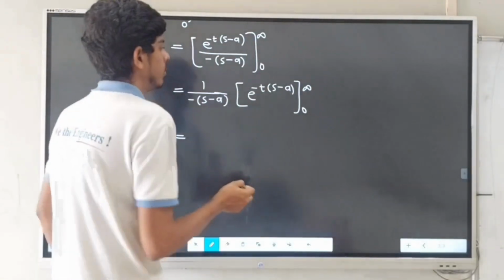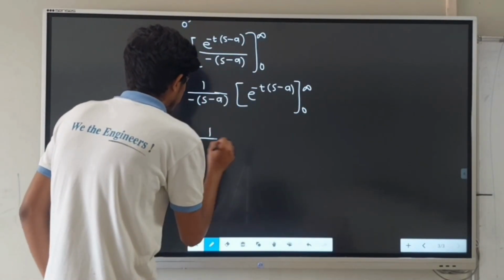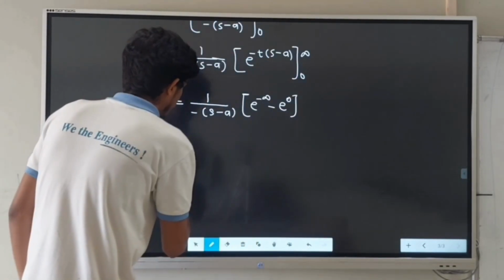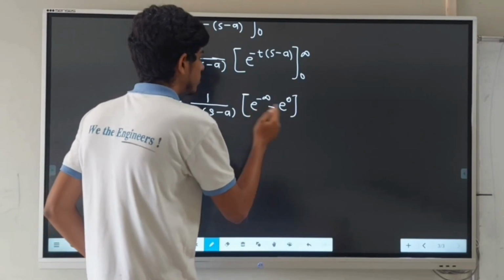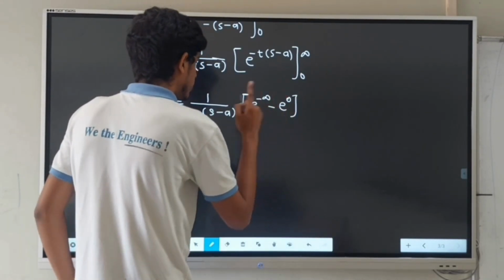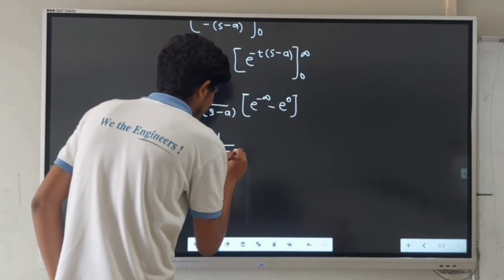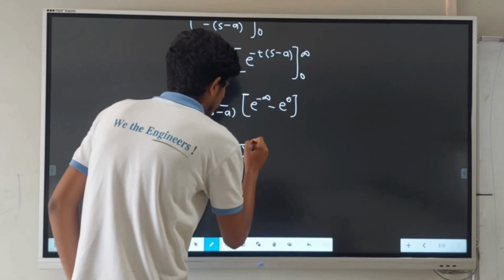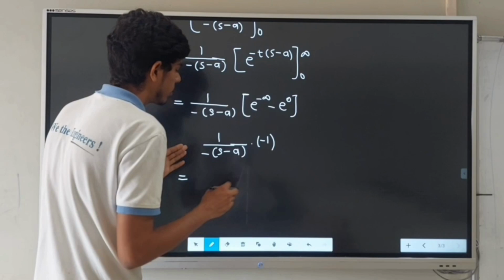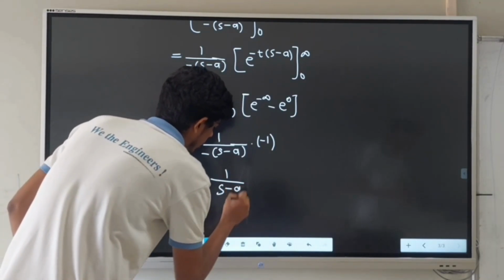Putting the limits in the given function, we know that e raised to minus infinity is 0 and e raised to 0 is 1. So it is 1 upon s minus a into minus 1. Laplace transform of the function e raised to at is written as 1 upon s minus a.